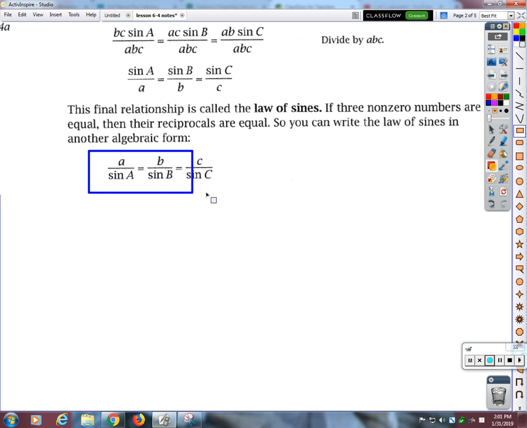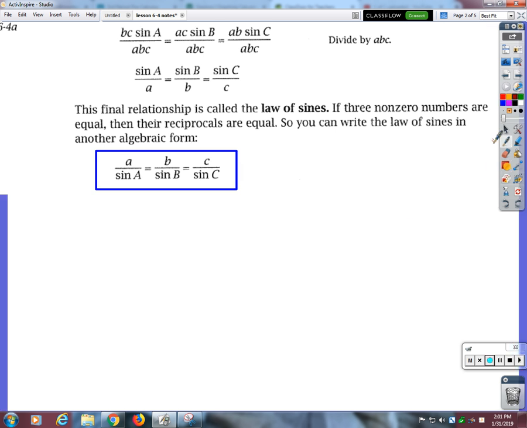A side divided by the sine of the angle opposite that is equal to the other side divided by the sine of the angle opposite of that, which is also equal to the other side divided by the sine of the angle opposite of that.